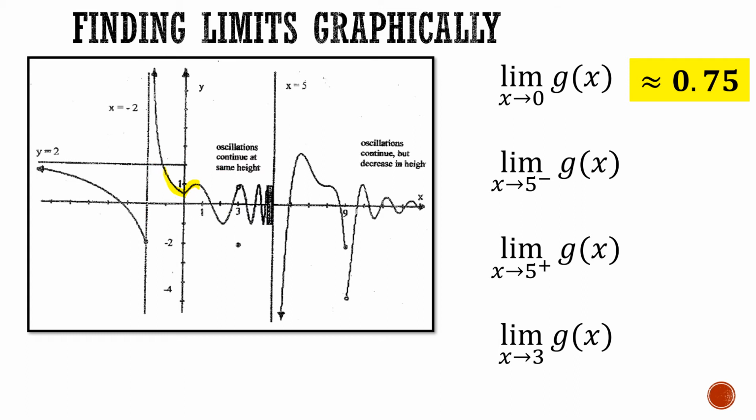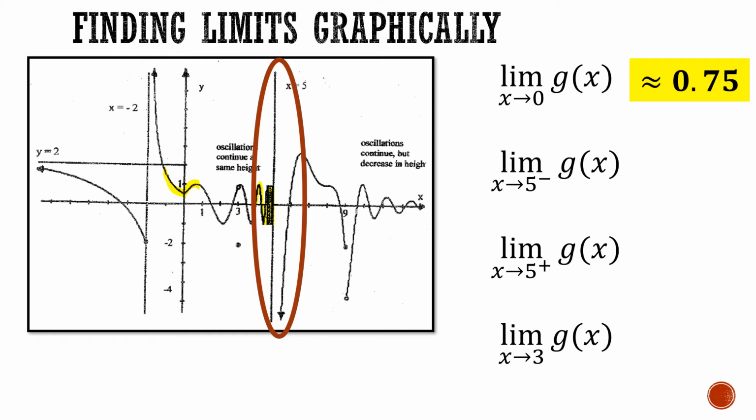All right, next we have the limit as x approaches 5 from the left. So I find 5, and they kind of drew it out for us. They put a vertical line at 5 so that we can see it. And I want the left-hand side of 5. Now, the left-hand side of 5 looks really crazy in this graph, because basically this graph is bouncing up and down, and it's getting tighter and tighter and tighter as it comes together.